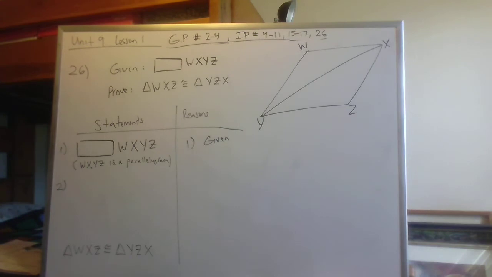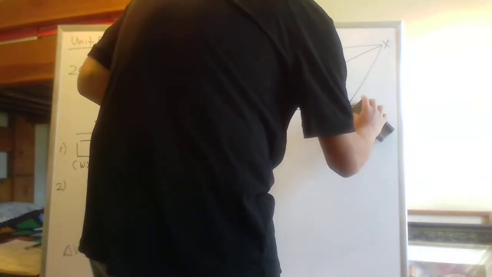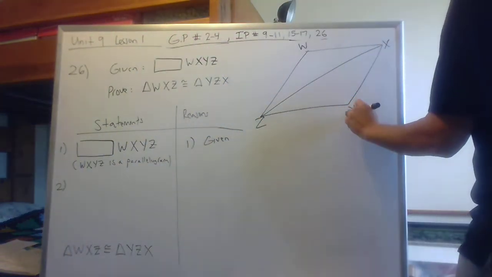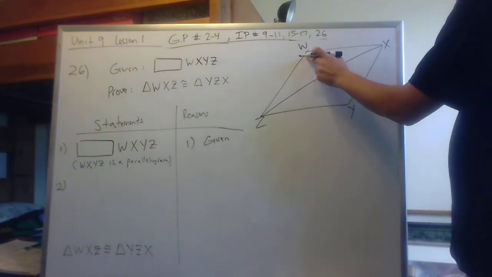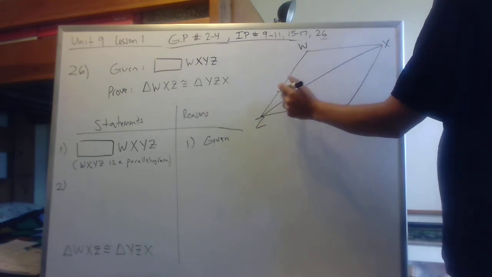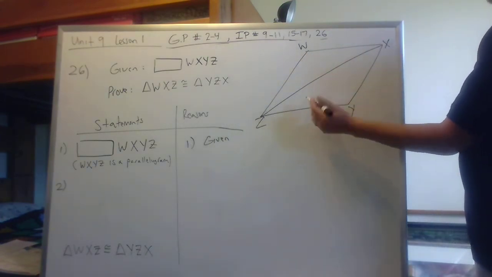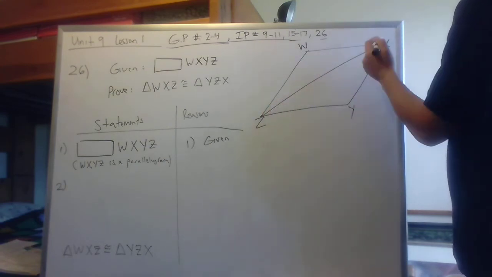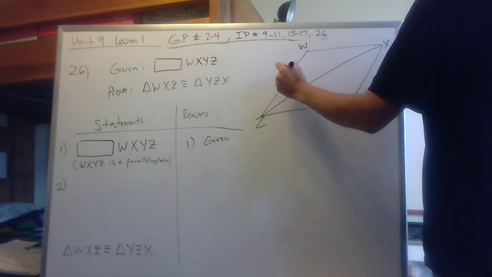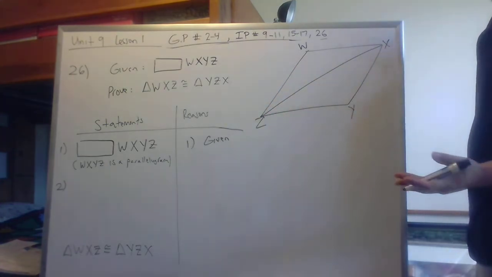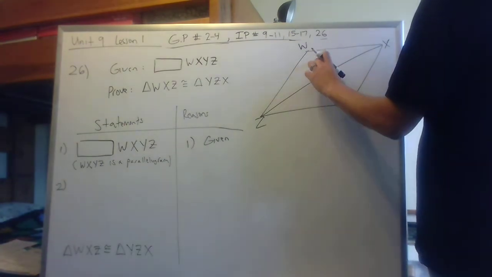And looking at the problem, I wrote this down incorrectly. Z should be at that point, Y should be at that point. So we have W, X, and Z. So this top of the triangle, and then Y, and then Z and X. All right. So the first thing I want to say is, well, we know that based on the properties of the parallelograms, we're going to determine that these two triangles are congruent.